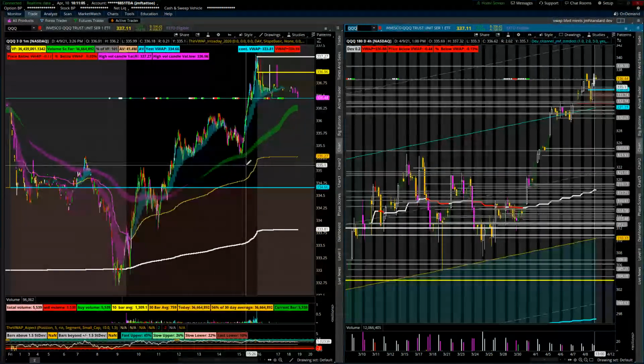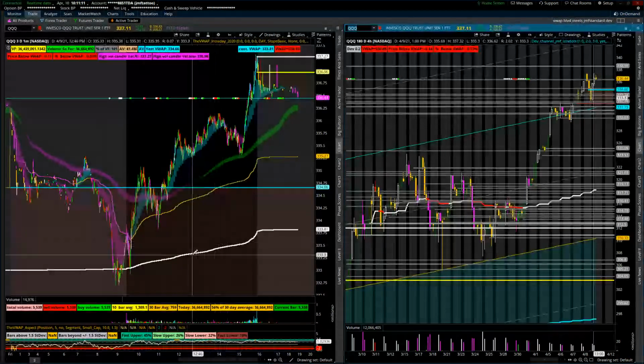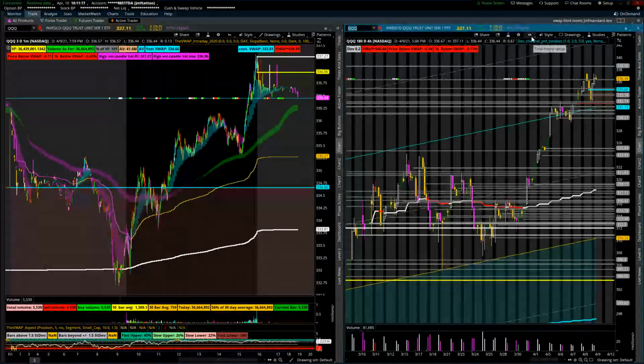And specifically reversal trading around this white line at the bottom, which is multi-day VWAP, but just VWAP as a whole. VWAP is a tool, and it's the volume weighted average price.